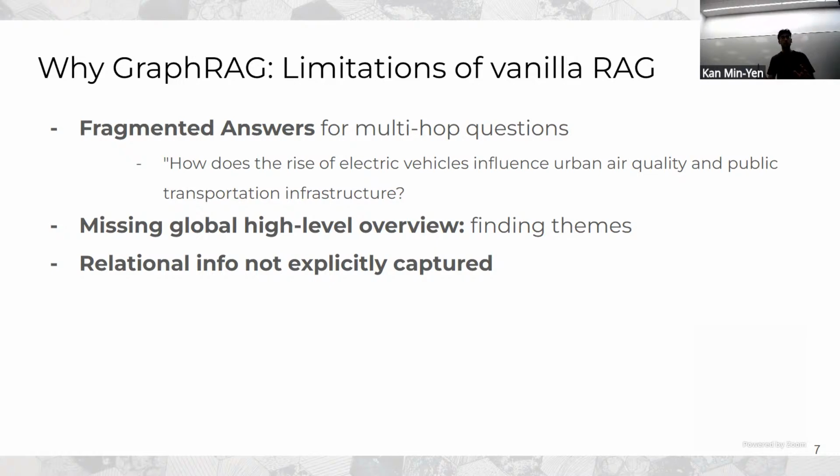That's two different concepts that have to be connected, so GraphRAG might be better for that. We're also missing global high-level overviews in regular RAG, because it will just retrieve the information specific to the content, and finding themes might be harder. And relational info is not explicitly captured.